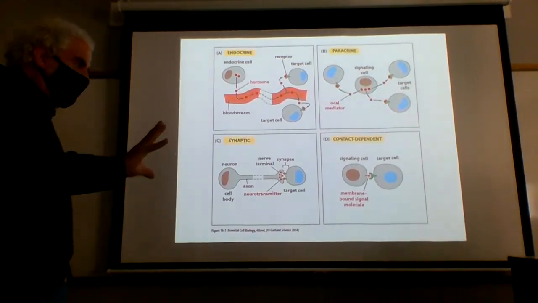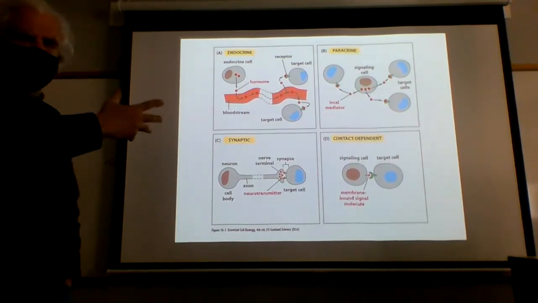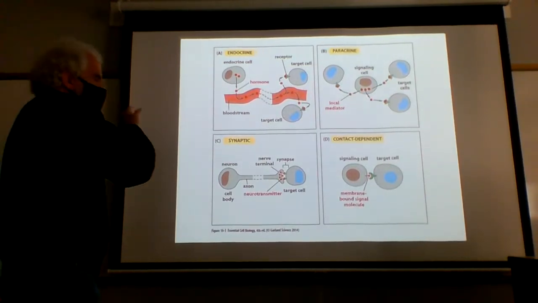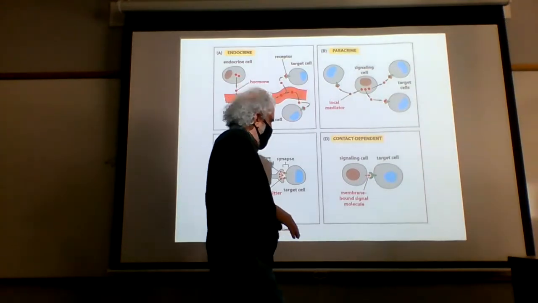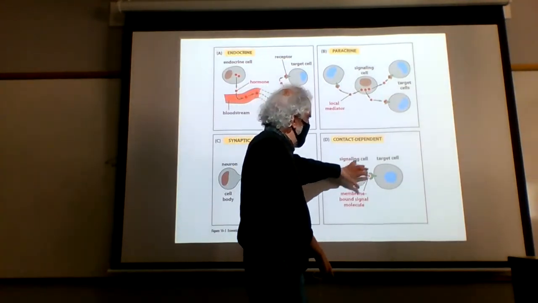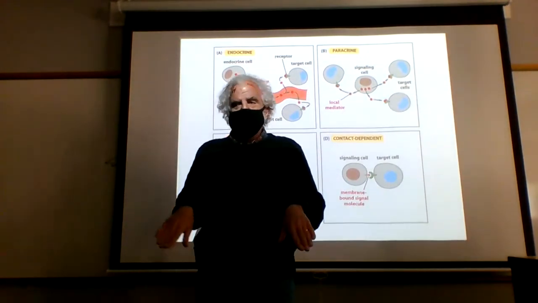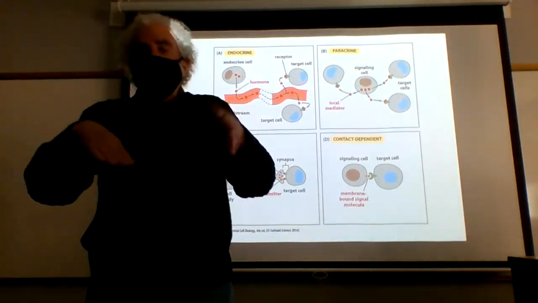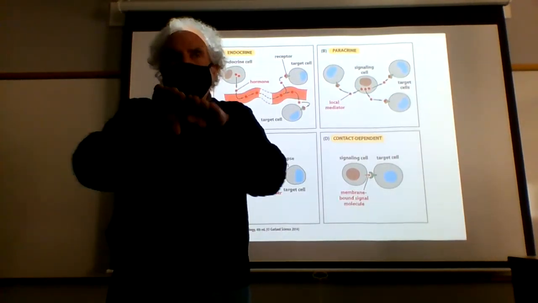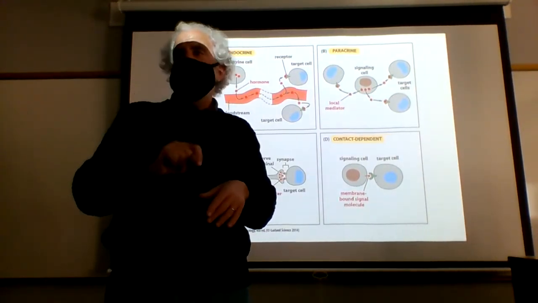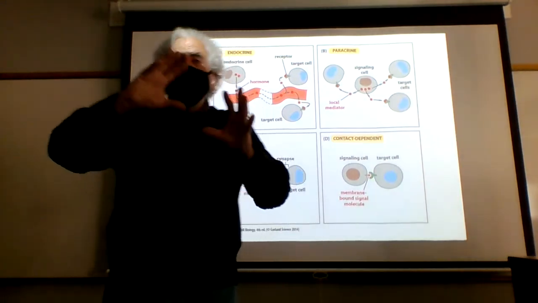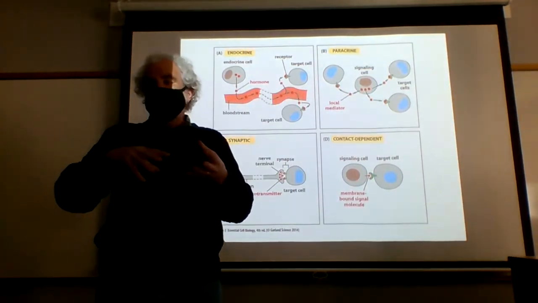Another really cool kind of effect that we don't typically think about in the same way is contact dependent signaling. When you've got a signaling cell and a target cell, and they may actually be both signaling and targets, when they touch, they know, hey, we've touched. Friend, how are you? We can begin establishing cell-cell contacts.